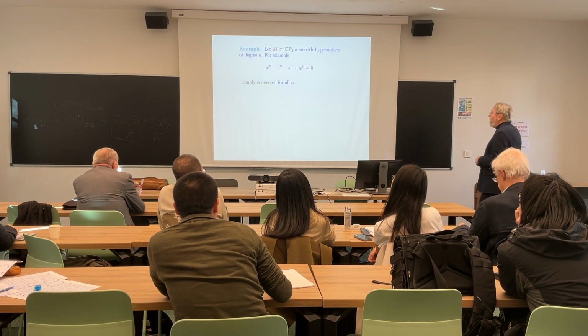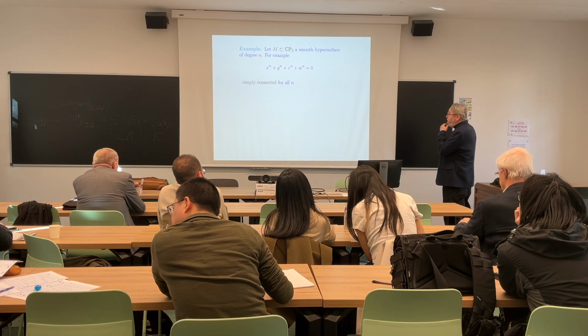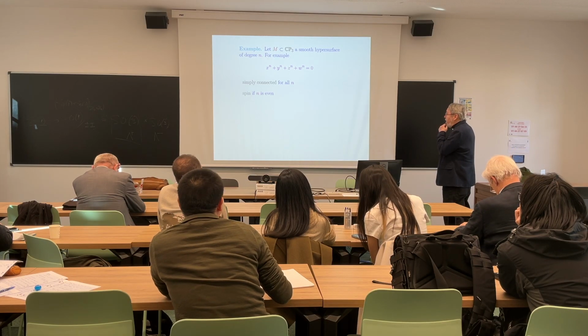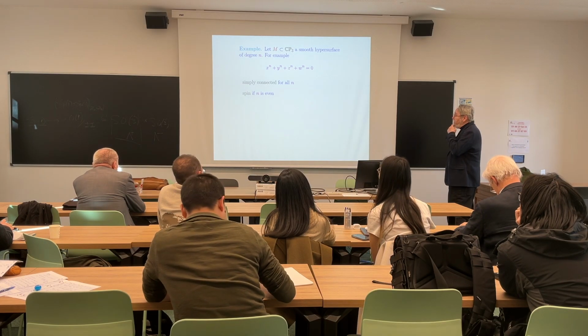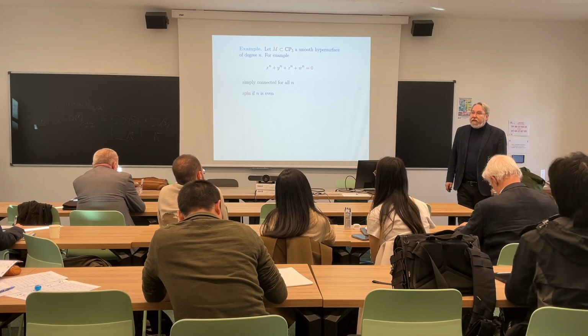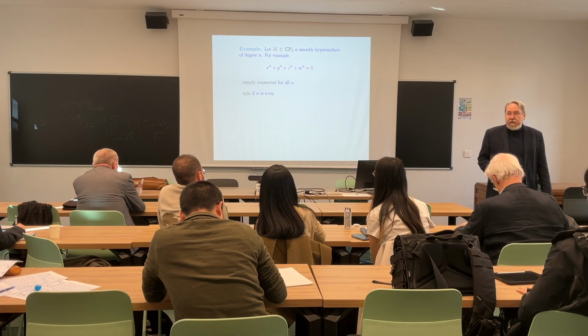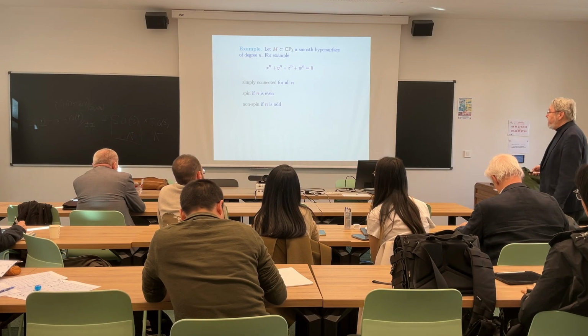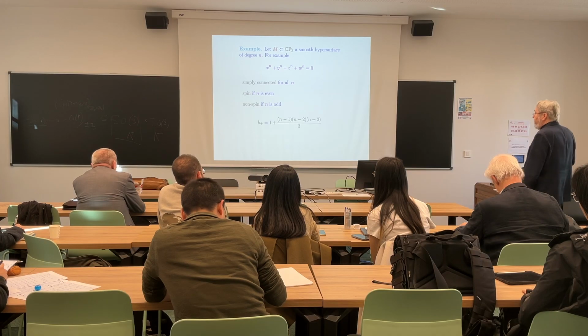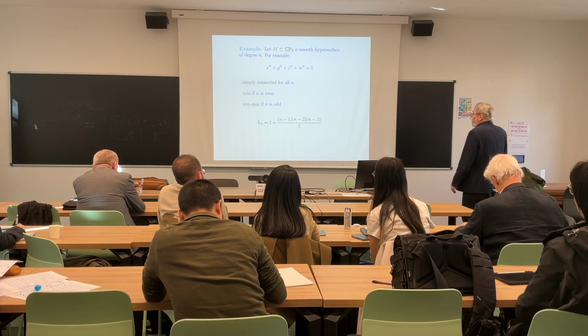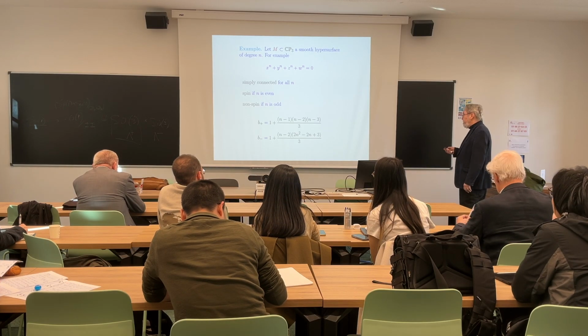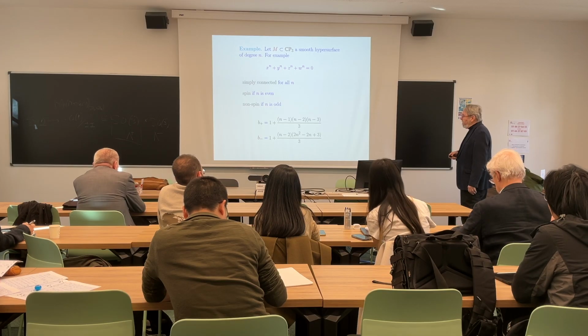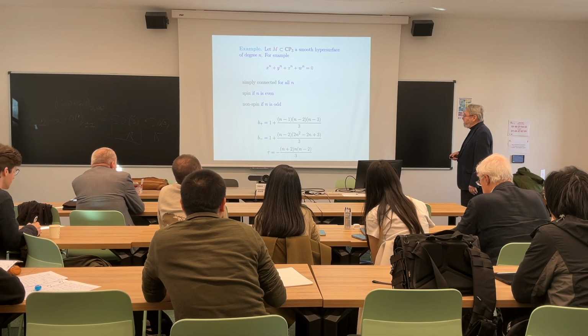So these are all simply connected for any degree n. If n is even, this is a spin manifold. It is non-spin if n is odd, and you can compute b plus and b minus using some simple complex invariants.